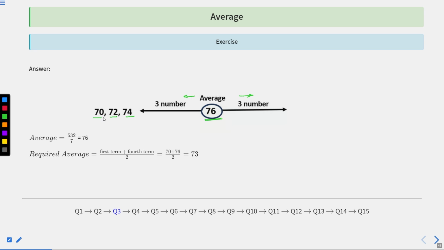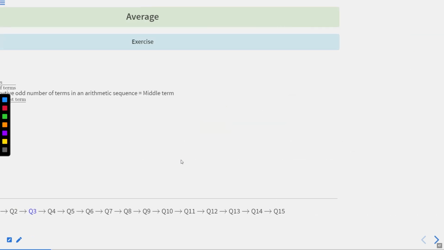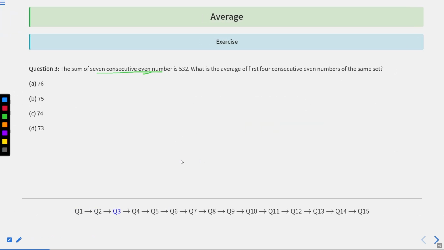So what is asked here? We are interested in finding the average of first four. So first term plus fourth term divided by 2. So it will be 70 plus 76 over 2, equal to 73. So the correct option should be option number D, 73.